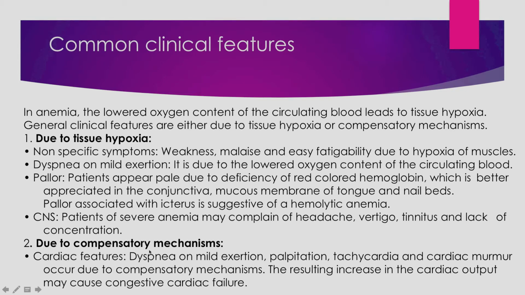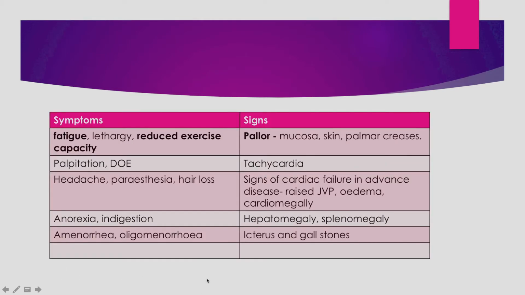And in long-standing anemia, because of the compensatory mechanisms, there will be congestive cardiac failure. So the signs and symptoms of congestive cardiac failure will appear, for example dyspnea on mild exertion, palpitations, tachycardia, cardiac murmur, and ultimately congestive cardiac failure, right?